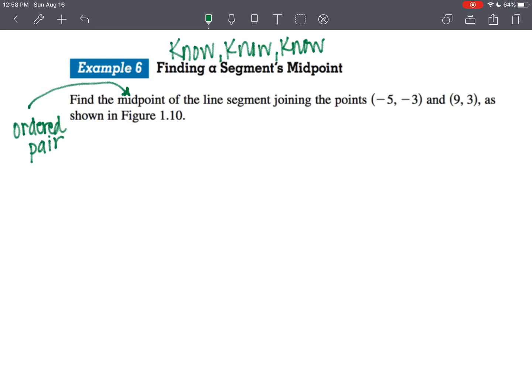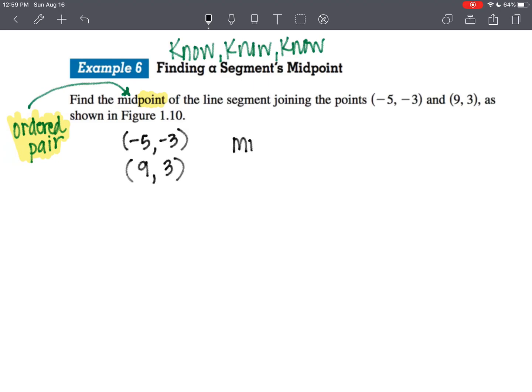The midpoint, a point, is an ordered pair. Maybe that will help you remember. Maybe you didn't need help remembering. Maybe you're watching this just because I asked you to. You already know how to do this, and you're watching it, and you know what? I appreciate you. The points are 9, 3 and -5, -3.